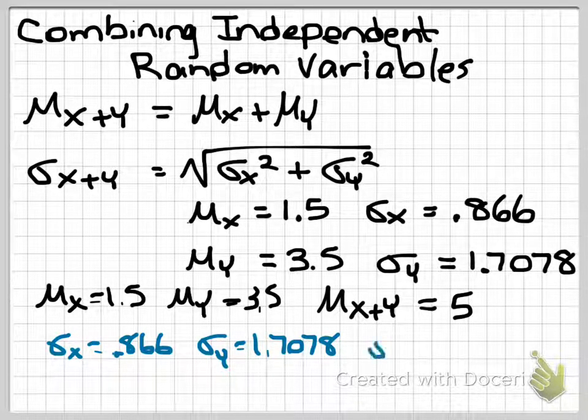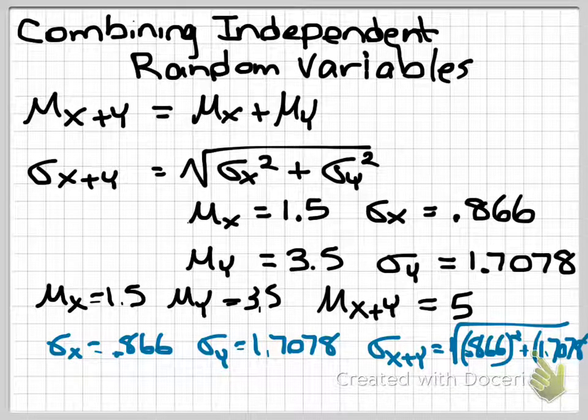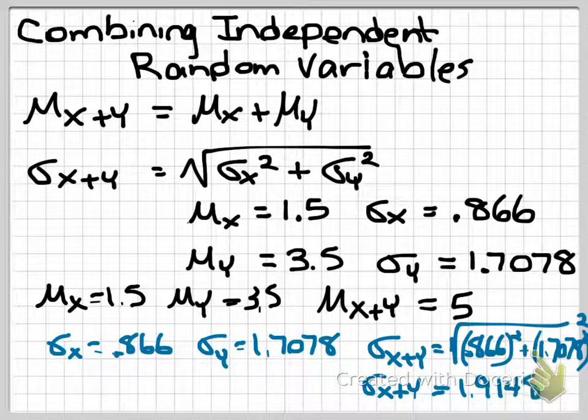So the standard deviation of x plus y is going to be the square root of 0.866 squared plus 1.7078 squared, which works out to be 1.9148. I hope these examples helped you.